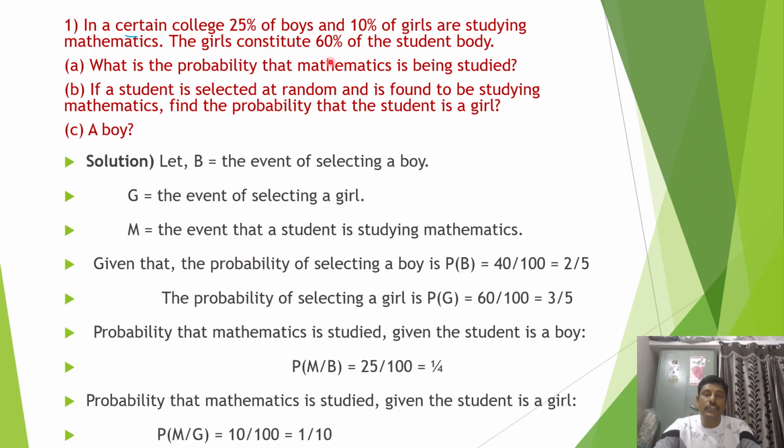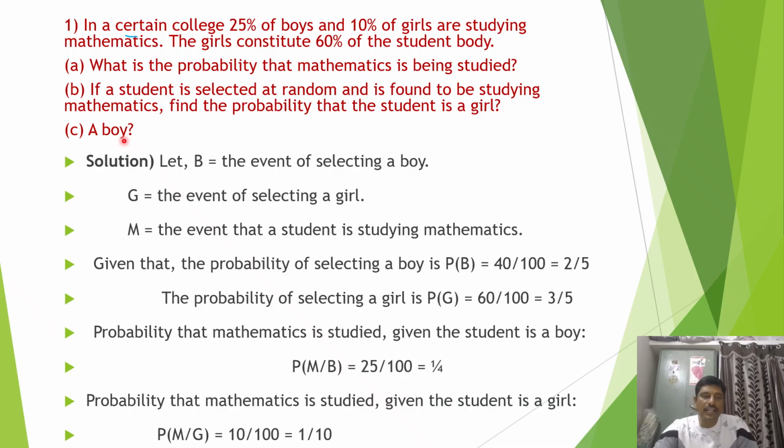The girls constitute 60% of the student body. What is the probability that mathematics is being studied? And second question, if a student is selected at random and is found to be studying mathematics, find the probability that the student is a girl or a boy.